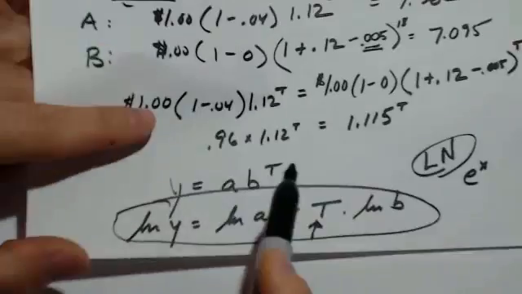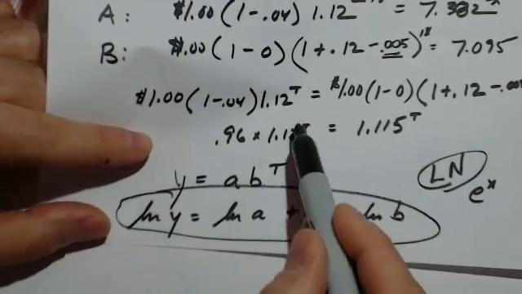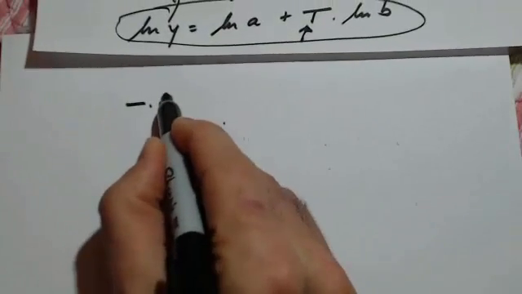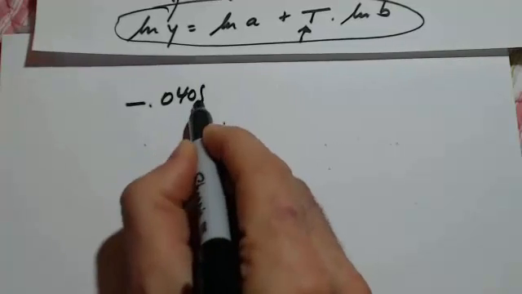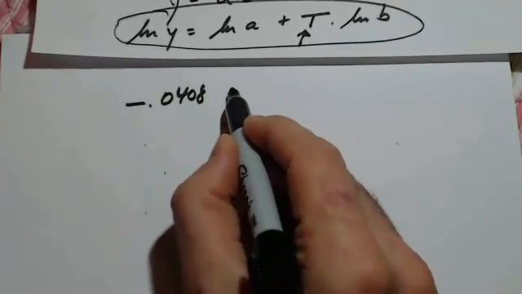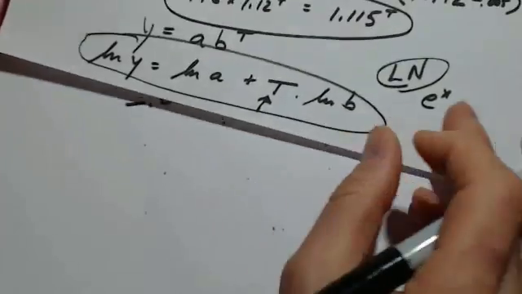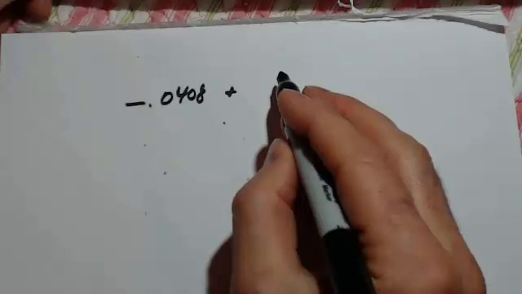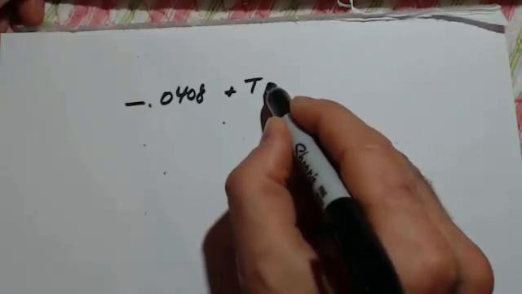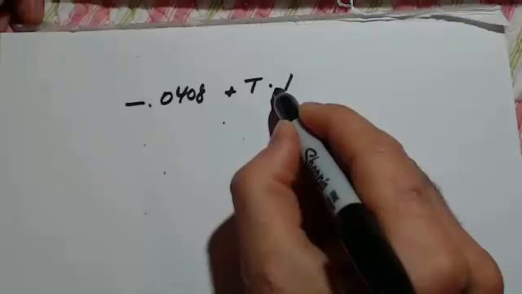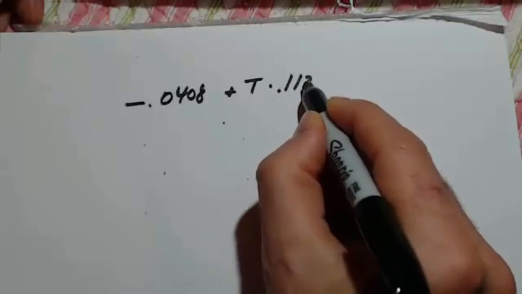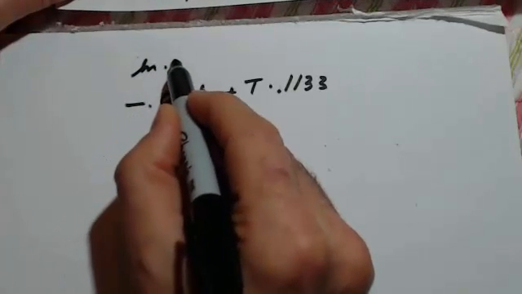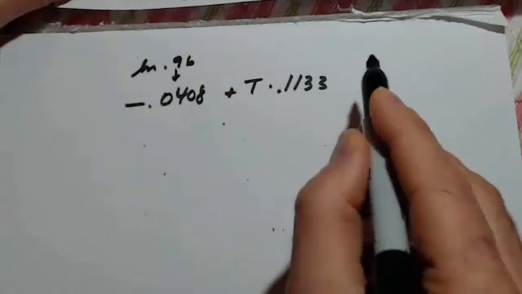So therefore, take the log of both sides of this equation. So this becomes minus 0.0408 plus t times 0.1133. In other words, if you take the log of 0.96, it equals this, right?